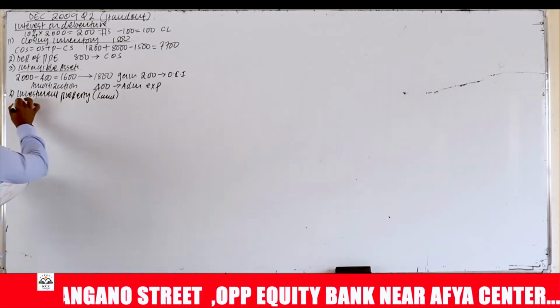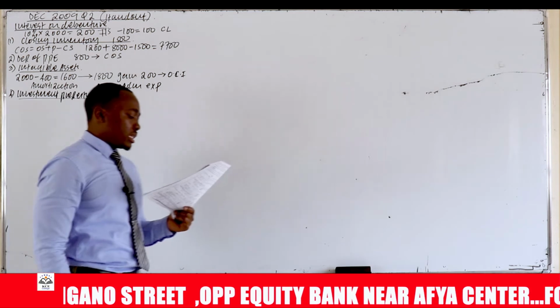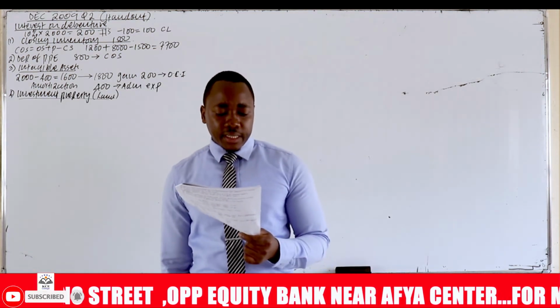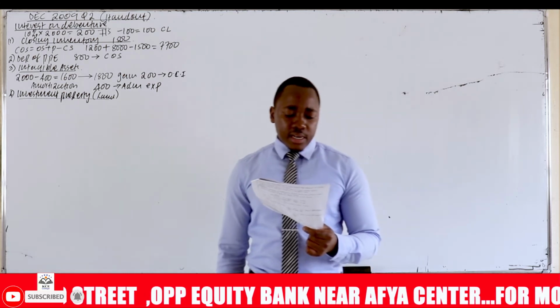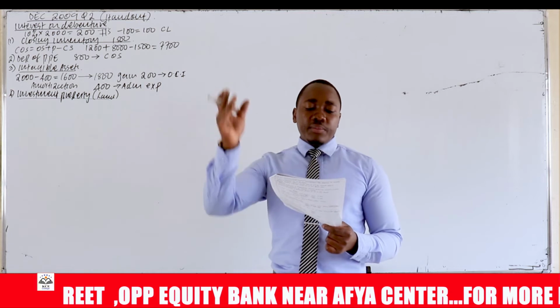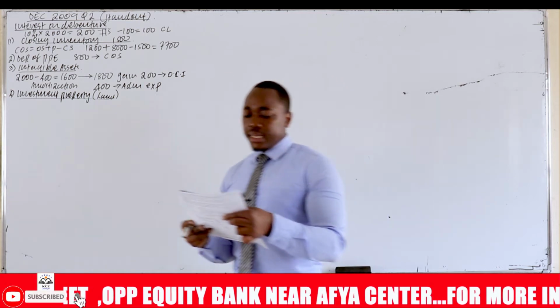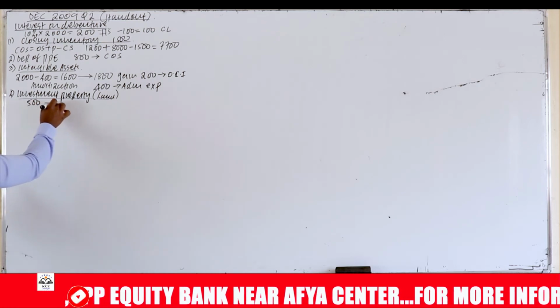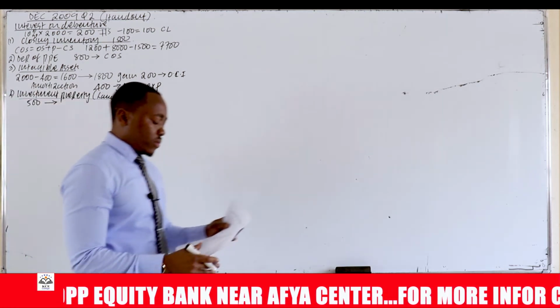Now let's go to the trial balance. How much is the value of land? It's the fifth item in the trial balance: investment property, land. In the trial balance, we have an amount of 500, measured at fair value.